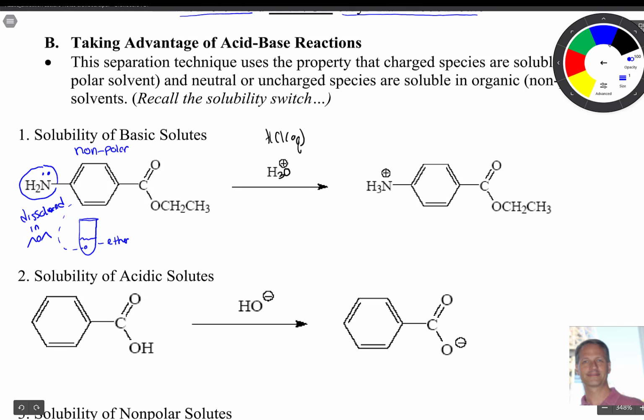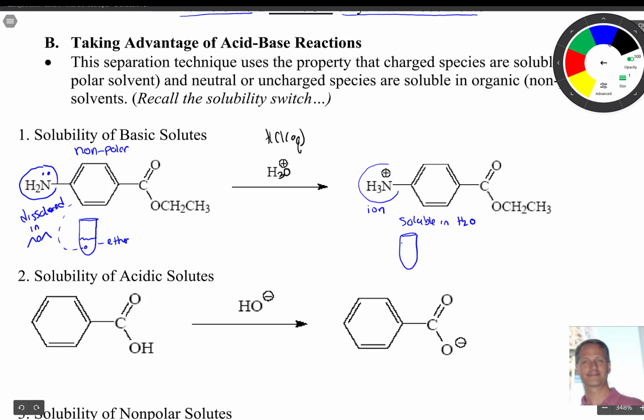When we do that, that nitrogen becomes protonated, so we form an ion. And because you have an ion, it's very polar. Ions make things very polar. So now this is soluble in H2O.